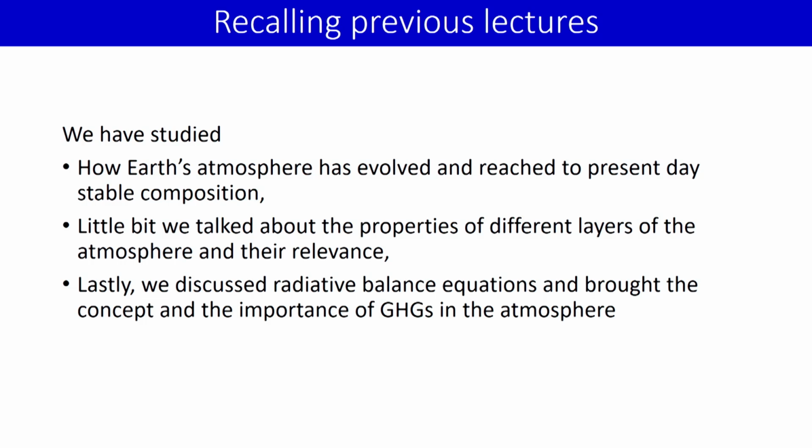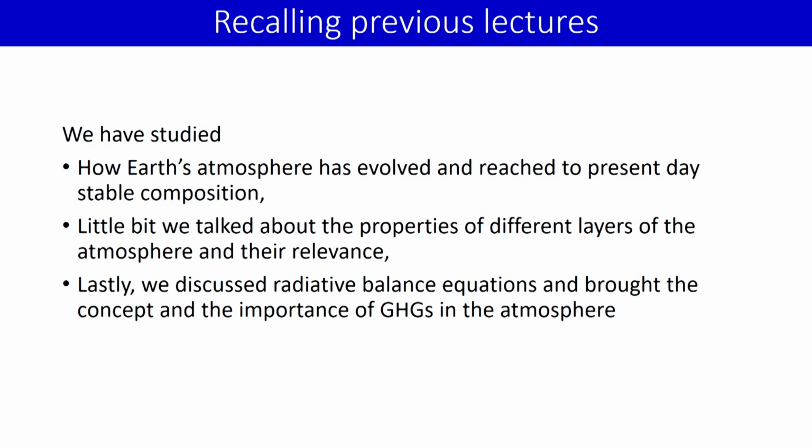Before I proceed, just to recall the previous lectures that we studied. In the previous lectures, we studied how Earth's atmosphere has evolved during Earth's history since its formation 4 billion years ago, and has reached the present-day stable composition.